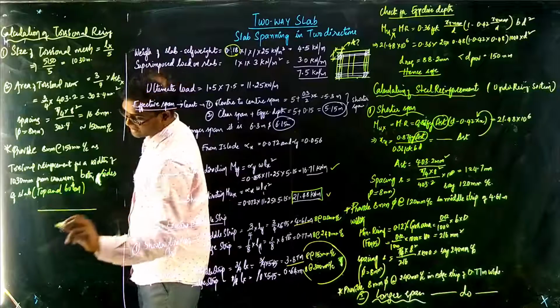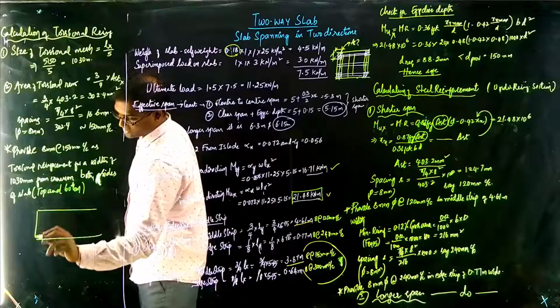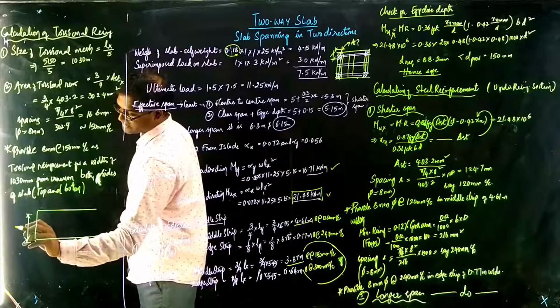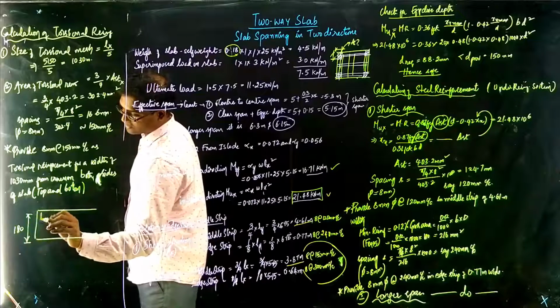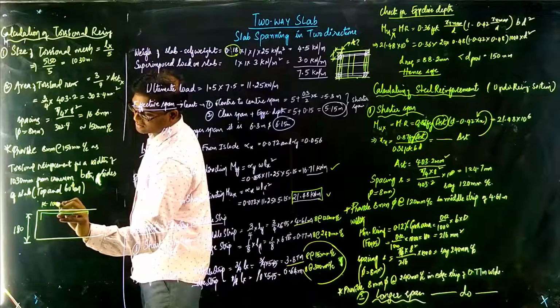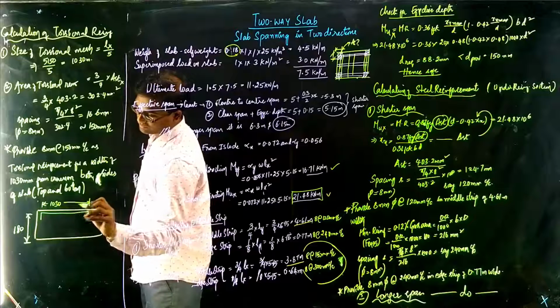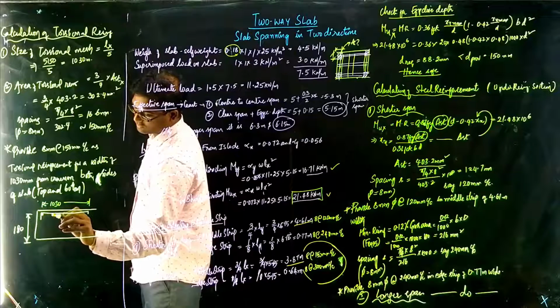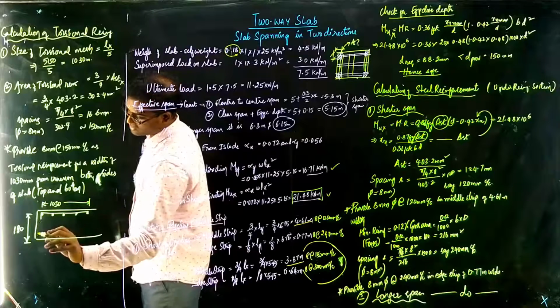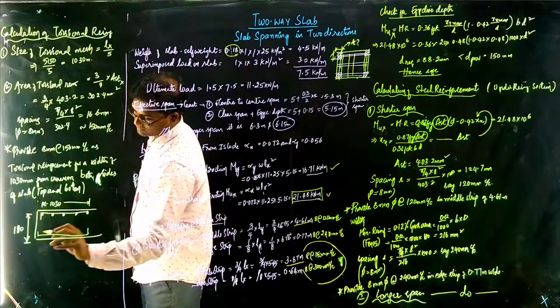That is, if you have slab, I got slab here and I got this thickness as 180. Now you provide steel here. This length is 1030. Also got steel, and we also got bottom steel.